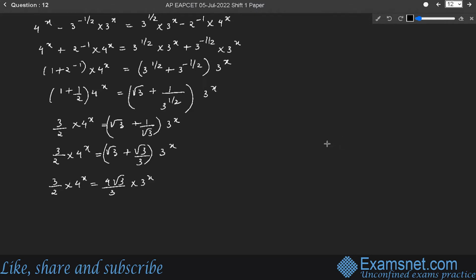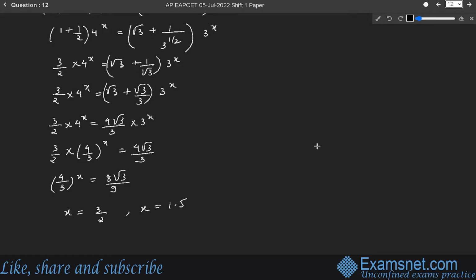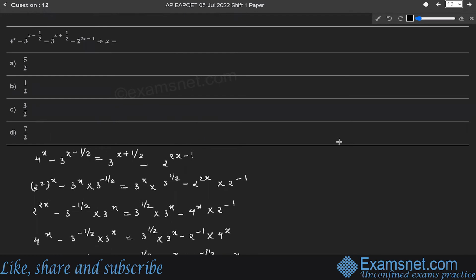Dividing both the sides, it becomes 3/2 into (4/3)^x equal to 4 root 3 upon 3. Now multiplying both sides, it will be (4/3)^x equal to 8 root 3 divided by 9. Simplifying this equation, x will be equal to 3/2, or we can say x equals 1.5. So the value of x here is 3/2. Therefore, option C is the correct option for this question.